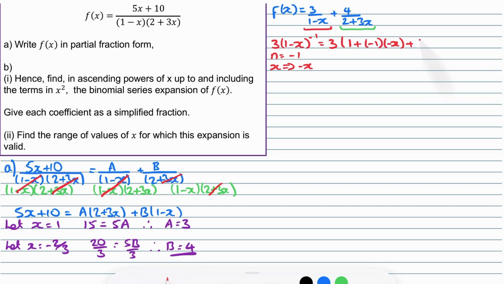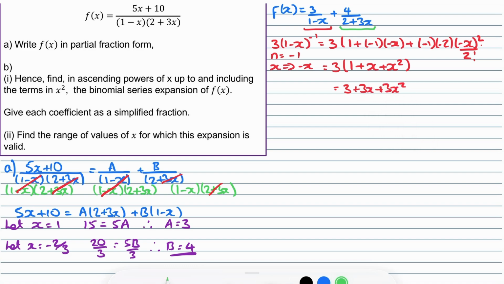And then for the x squared, we'll have n minus 1, and then the x term squared over 2 factorial. We can simplify this. We'll have 3. The negative 1 times the negative x will give us positive x. These two negatives will cancel, and the 2 will cancel with this denominator, and negative x squared will become positive x squared. So we'll have 3 plus 3x plus 3x squared.